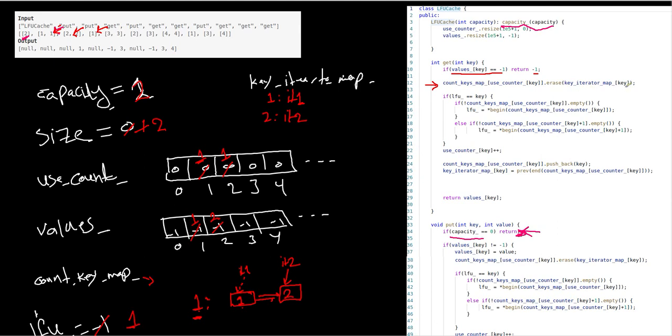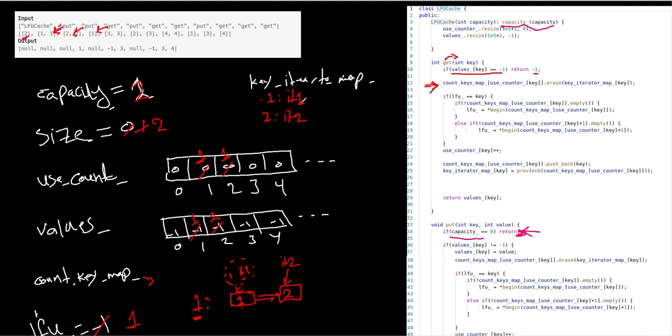Key iterator map of key, and this is because the get operation will increase the count, this use count, by 1. So 1 will be increased, become 2. Then we need to remove this 1 from this linked list, and this is what we are doing here.